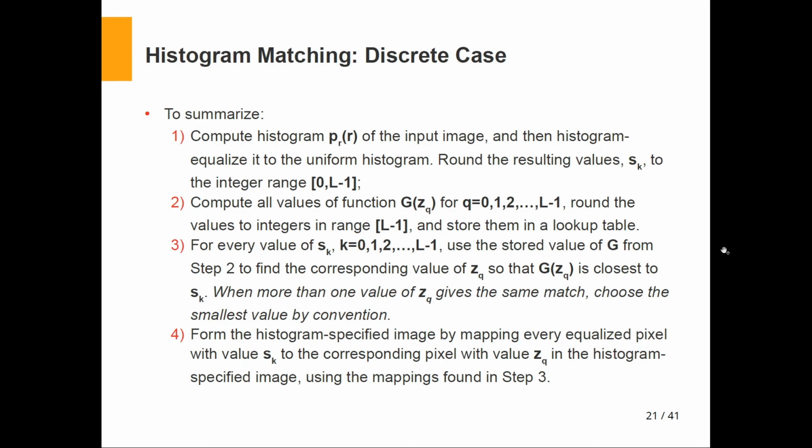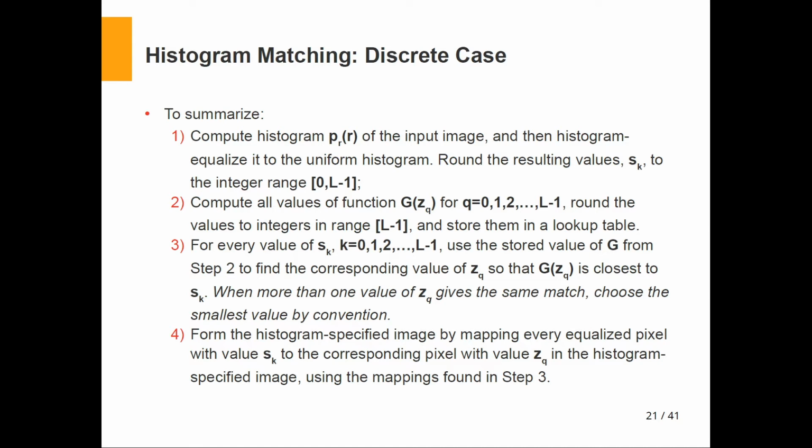So to summarize, these are the 4 steps that we need to take for histogram matching for discrete images. First, we compute the histogram PR of R of the input image, and then we histogram equalize it to the uniform histogram.